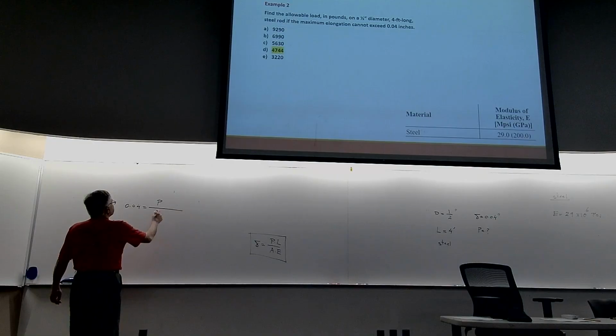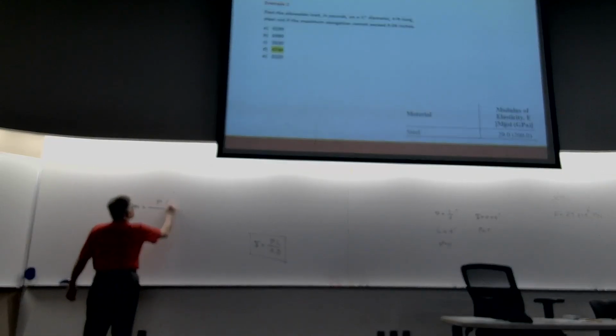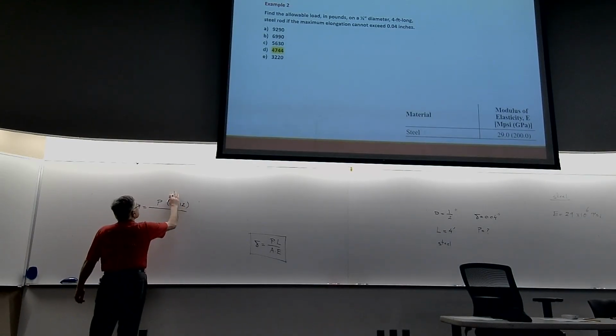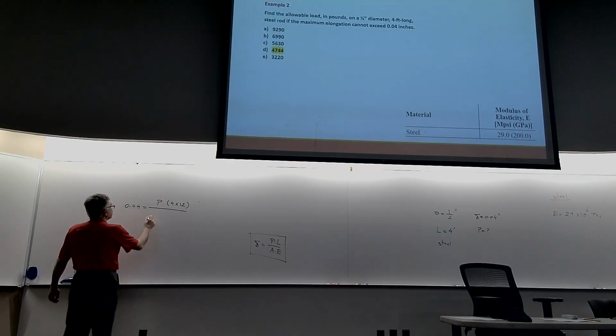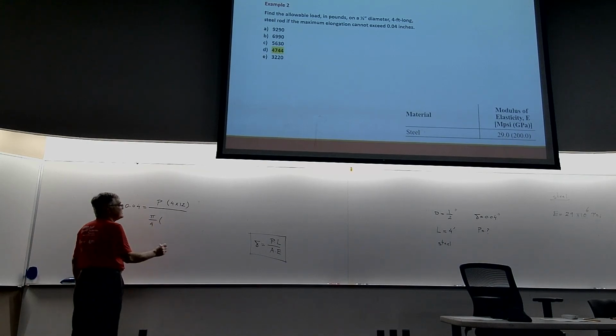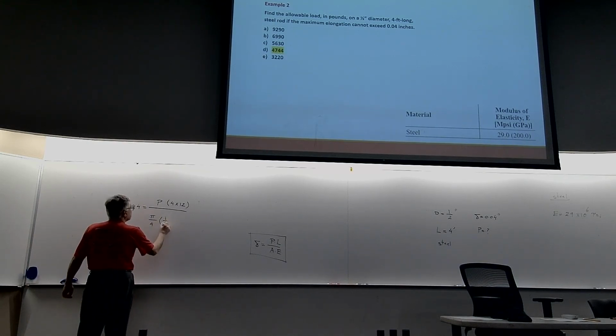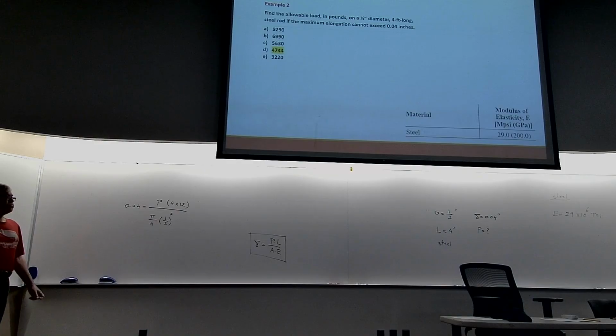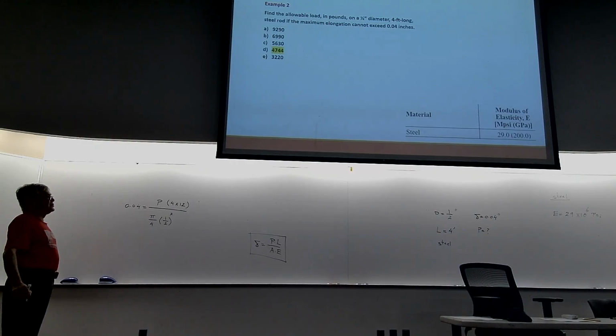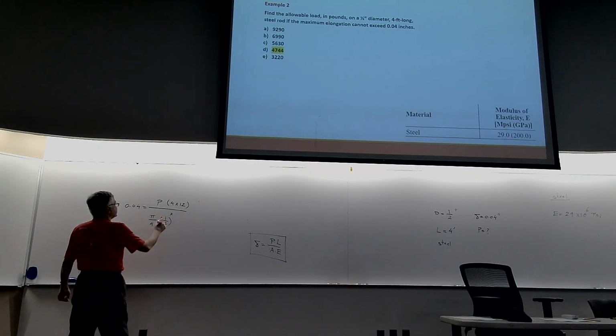So 4 feet converted to inches, that's for L. Cross-sectional area is pi over 4 d squared. And E is 29 million psi.